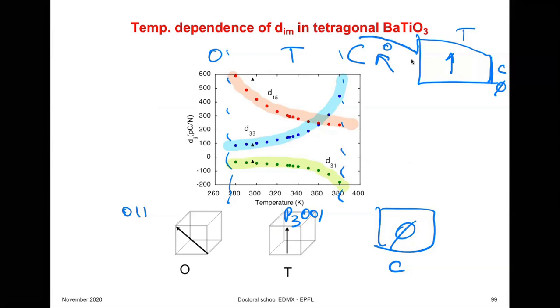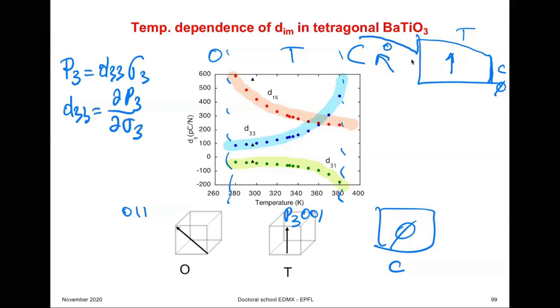Now, let's see what piezoelectric coefficients mean. We have polarization, D33, sigma 3. D33 is by definition delta P3 over delta sigma 3. It explains how polarization changes with respect to pressure which is applied along faces which are perpendicular to the 3 axis.